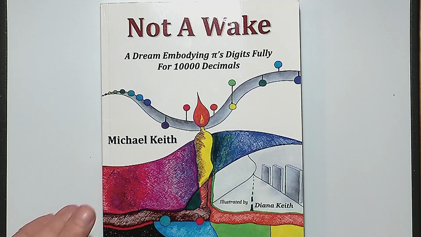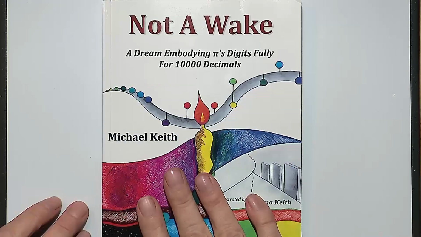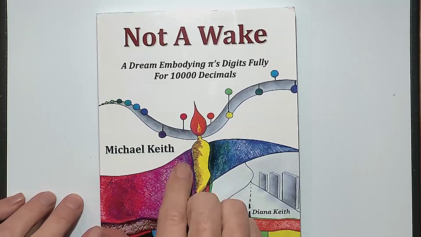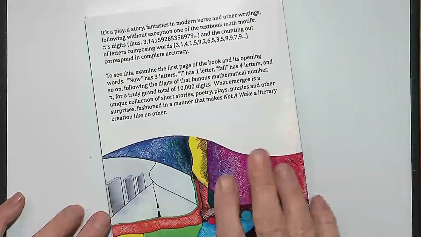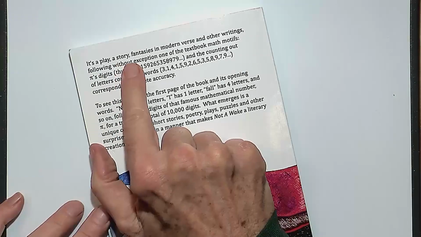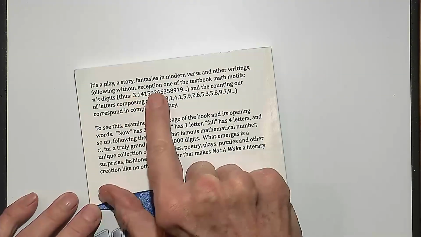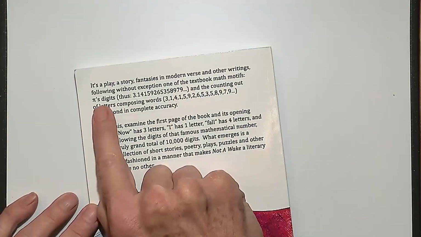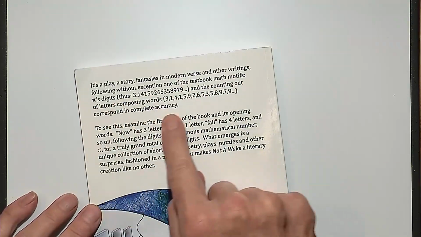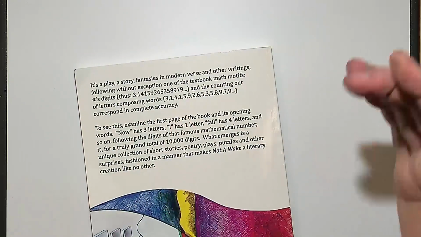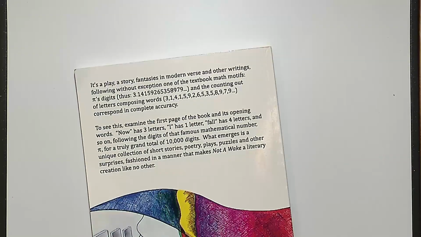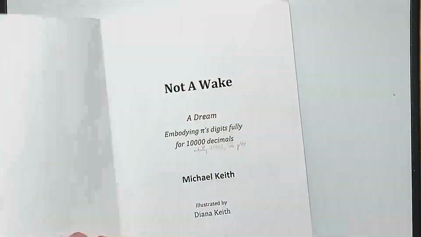So A Dream Embodying Pi did this fully for 10,000 digits, by Mike Keith. In the back, it's a play, a story, fantasies in modern verse and other writing, following without exception one of the textbook math motifs, pi's digits, and so on. This corresponds with complete accuracy. This whole first paragraph is just perfect. But in the book, he does it for 10,000 digits.